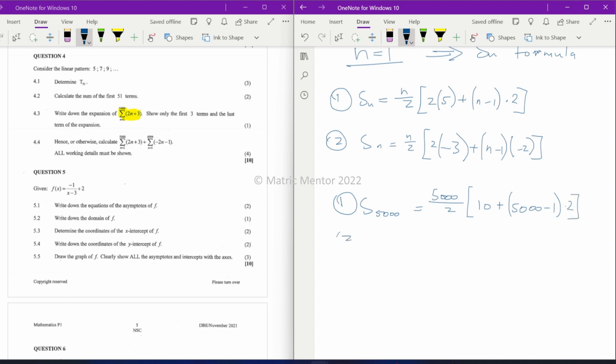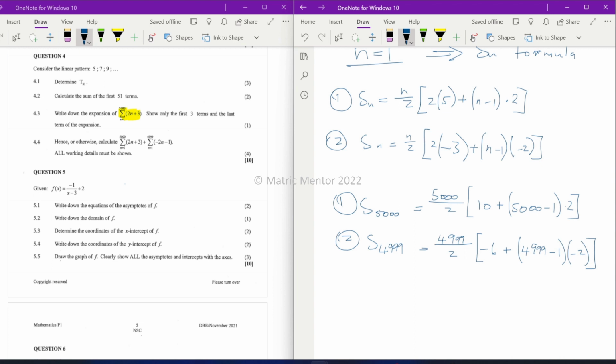And for the second sum of function, we need to find the sum of the first 4,999 terms, which is 4,999 over 2 times minus 6 plus 4,999 minus 1 times minus 2.